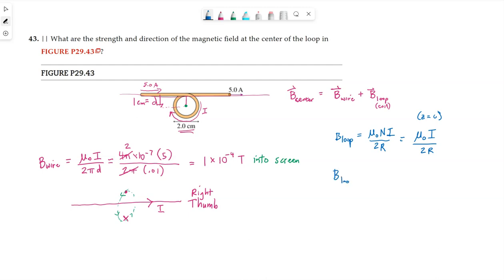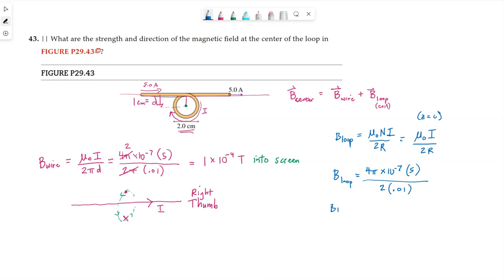So the magnitude we can find, we know mu naught. The current is the same current flowing through all of it. R is the radius of the loop itself, which is going to be 1 centimeter.